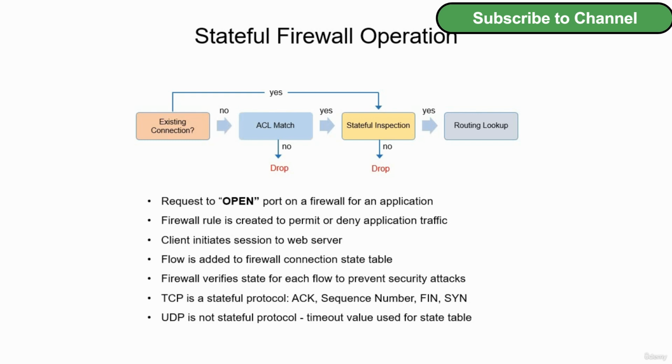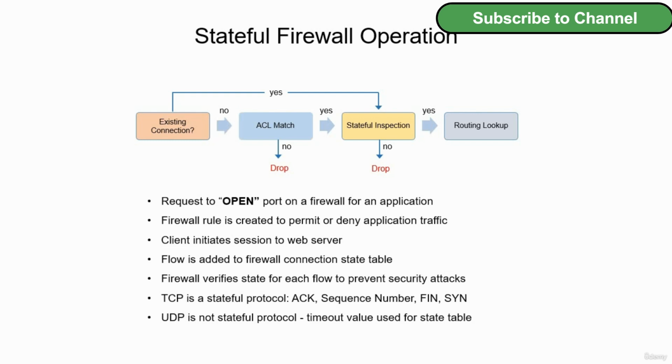It will know what should be required in the opposite direction. So it will track all that in its state table. And if something doesn't make sense, it will turn off that session.